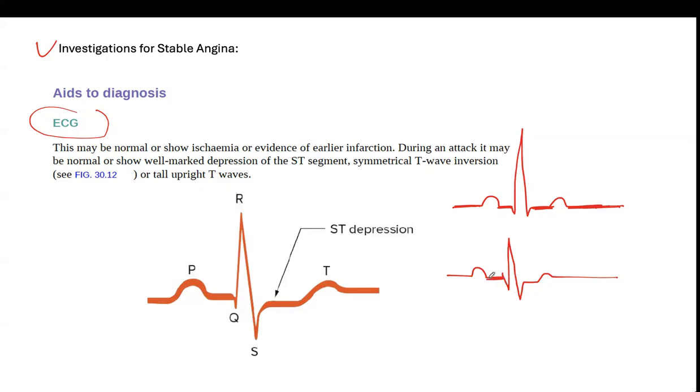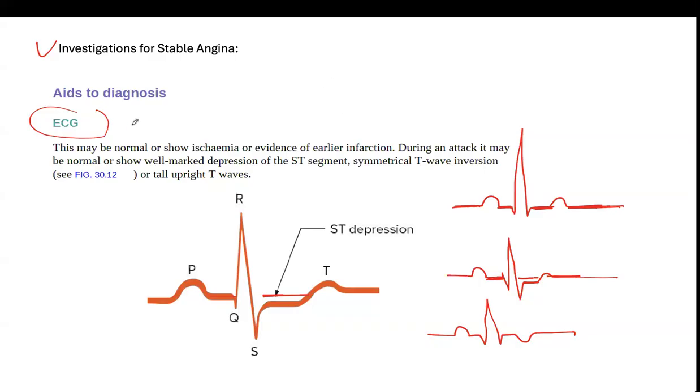So now you can see this is the isoelectric line, but ST has gone down. What you can see here, so this is ST depression. If during exercise test or stress test, there is ST depression, or if the T wave becomes like this in multiple leads, not just single lead, multiple contiguous leads, then you would be concerned that, well, this patient most likely has got ischemic heart disease.